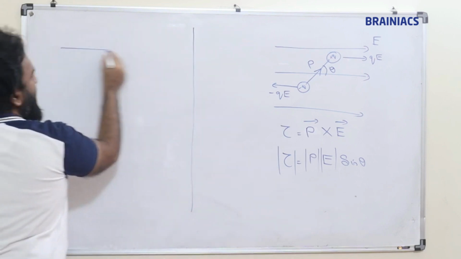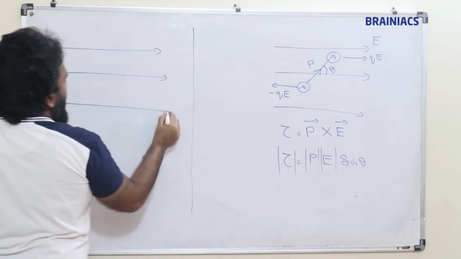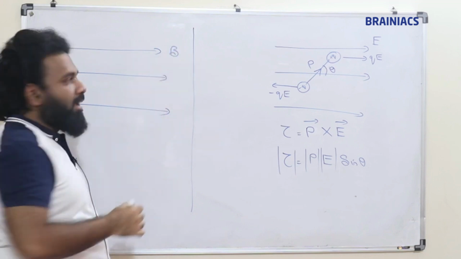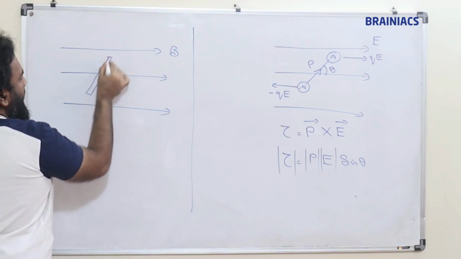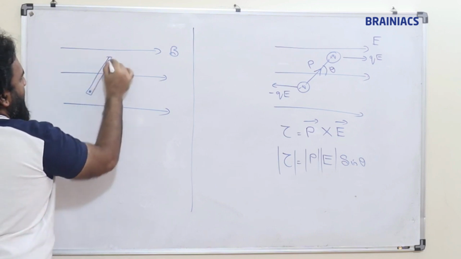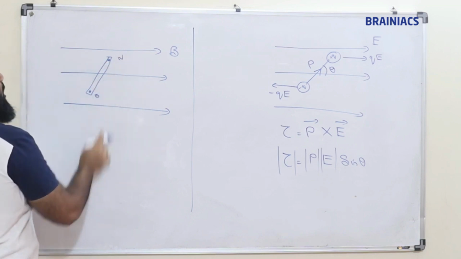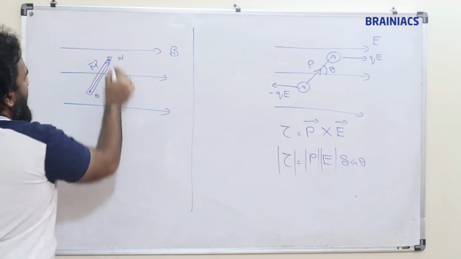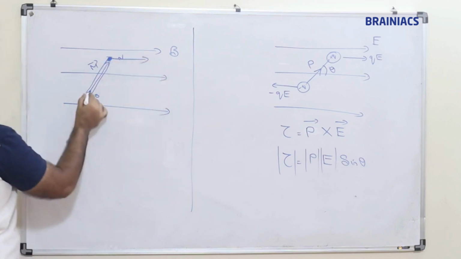Now in this case, if we put a similar situation, but we apply a magnetic field and keep a bar magnet, suppose this is the south pole and this is the north pole, then the magnetic dipole moment will be in this direction.